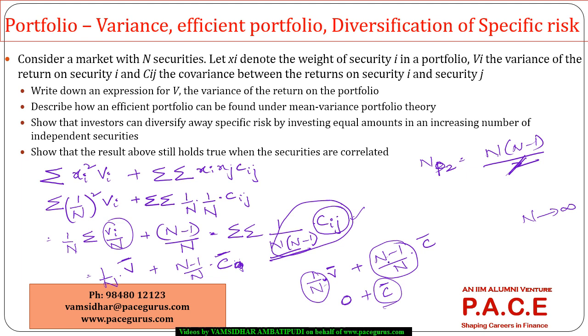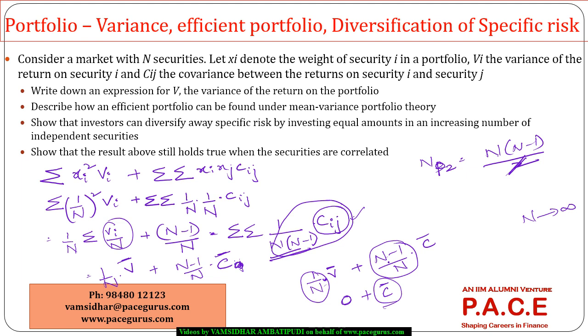But let's understand here, the average covariance has nothing to do with the specific risk. It is more associated with the interaction risk between the two securities. So still I am able to diversify away the specific risk by investing in an equal proportion across all the securities, provided the number of securities in which I am investing is pretty large.